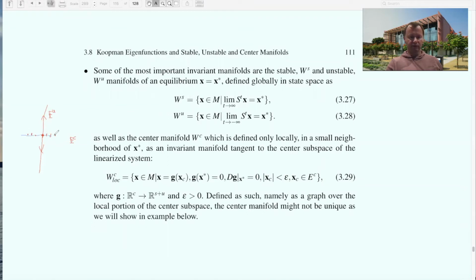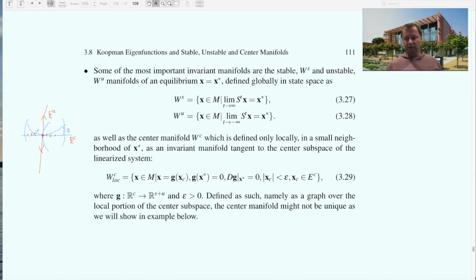So this would be the center subspace, and then we would have the center manifold, and this graph G that I defined over here is a graph over the center dimension. But the existence of this manifold here and the associated unstable manifold, of course, is all defined locally, in the neighborhood of this origin.